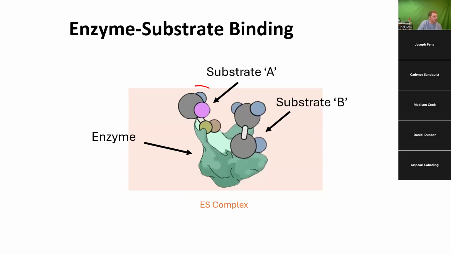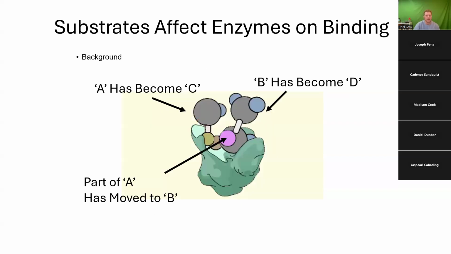Here's our substrate A. Could anyone tell me what color this is right here where I put my X? Maybe like pink. Good. That pink molecule is bound to substrate A. That's a part of substrate A. And this enzyme is going to move that part of substrate A onto substrate B. And we see that. Now we've got substrate B that is different because it's taken on a part of A.